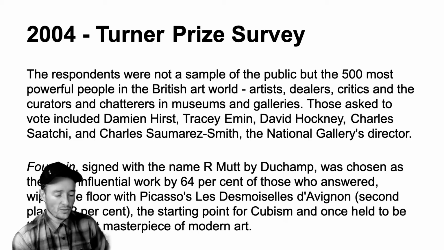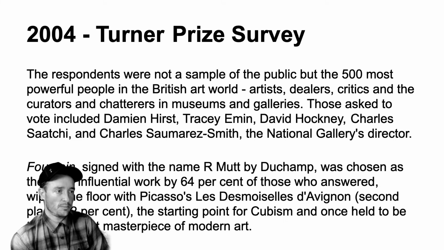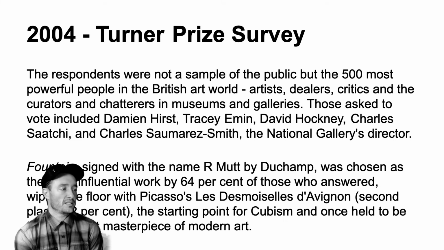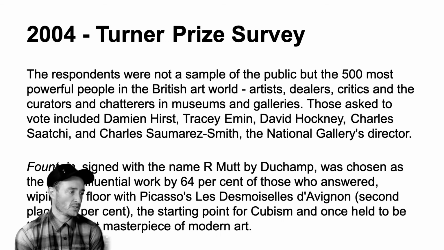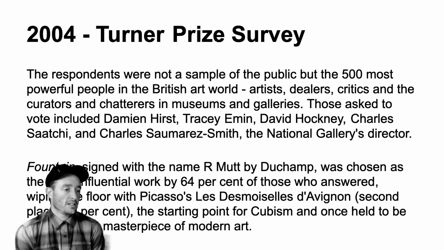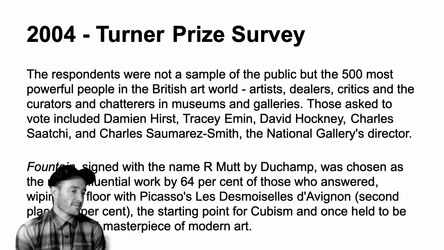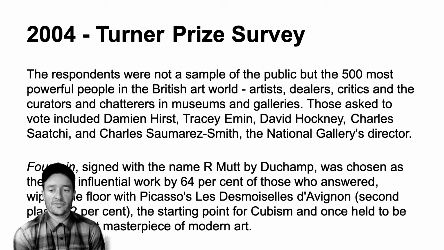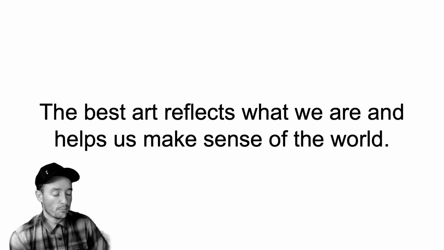And this artwork, Fountain, is the title of it, by the artist R. Mutt, or is signed with the name R. Mutt, is by an artist named Marcel Duchamp. And it was chosen as the most influential artwork by 64% of those who answered. Now, that's significant, right?